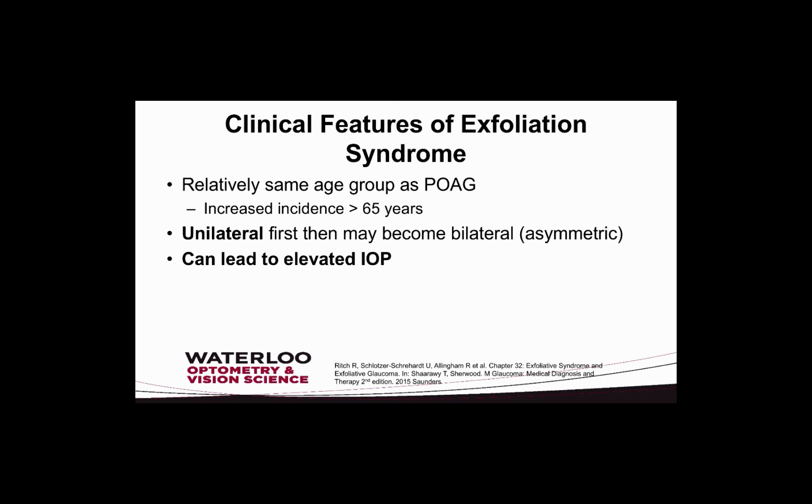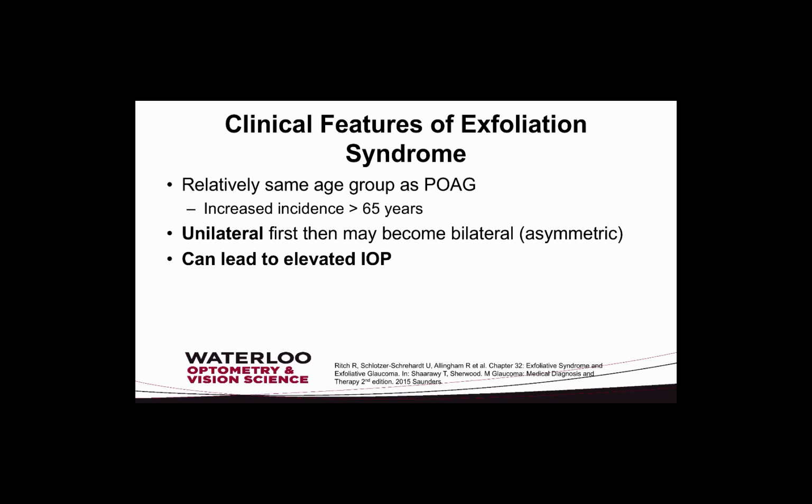If that's not done, the signs can go missed. And the reason that this is a problem is because exfoliation glaucoma tends to be a much faster progressing glaucoma. If you remember that slide I showed right at the beginning of the course, it's a much faster progressive glaucoma and needs to be treated more aggressively. So we don't want to miss exfoliation glaucoma.